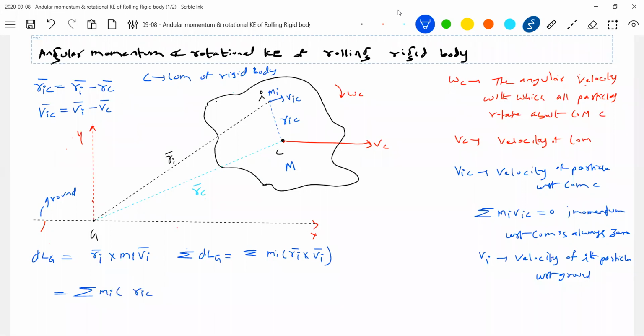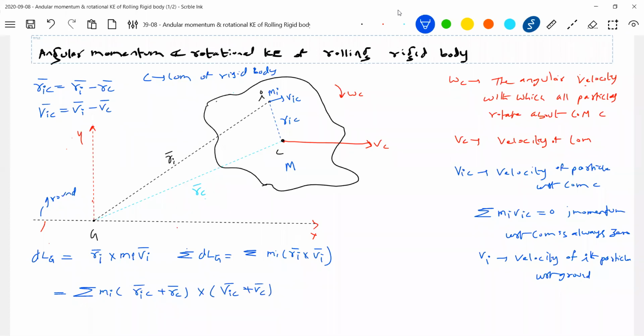I'll write it as RIC plus RC bar. From this diagram, from this equation, Ri bar you can write as RIC bar plus RC bar, cross Vi, which you can write as VIC bar plus VC bar.